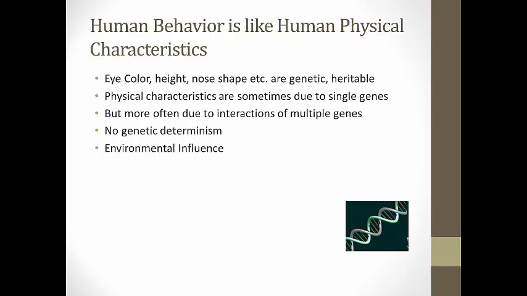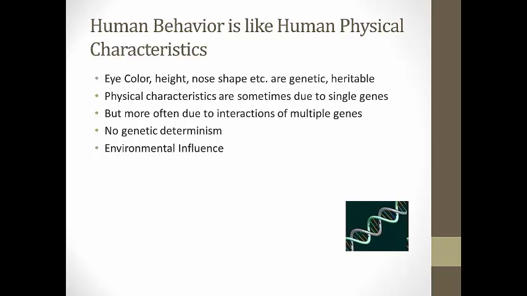So if we think about human physical characteristics, we might talk about eye color, or height, or the shape of your nose, or the length of your arms, or the curve of your ear. Any of those things would have a genetic underpinning and consequently a biological basis.